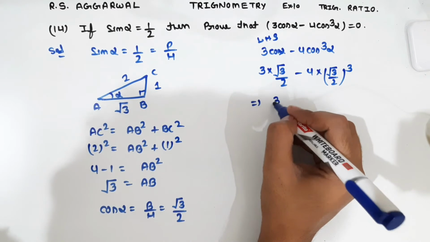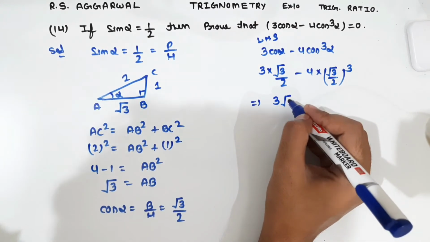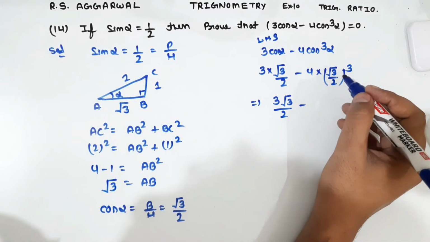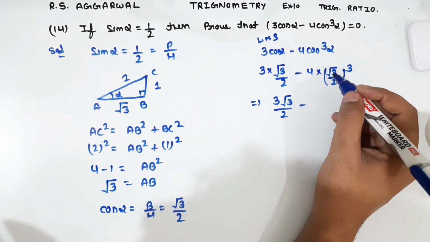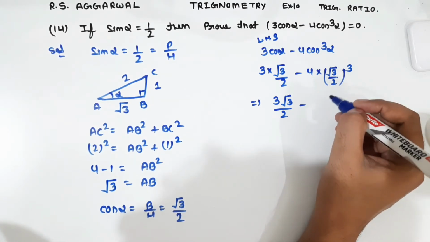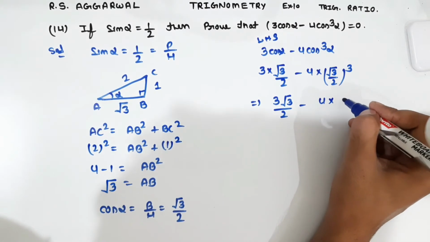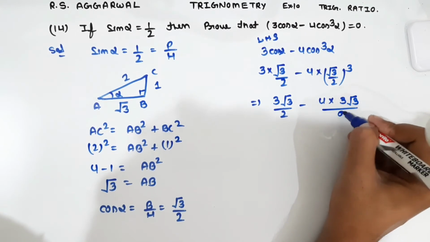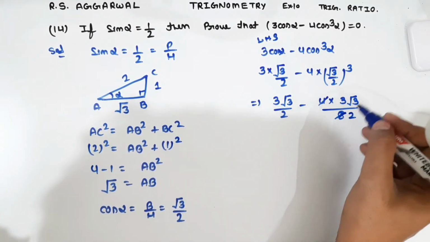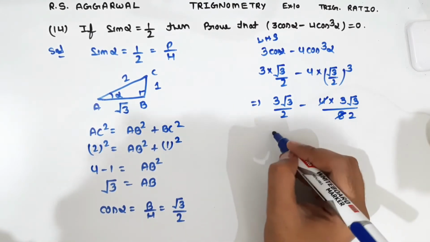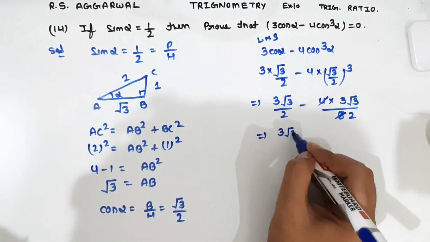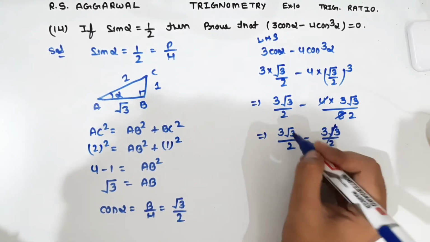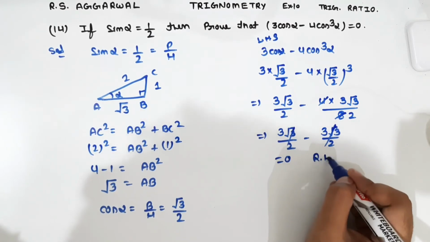So this will be equals to 3 root 3 upon 2 minus under root 3 cube will be written as 3 root 3 and 2 cube will be 8. So this will be deducted 2 times. So 3 root 3 upon 2 minus 3 root 3 upon 2. So that will be equals to 0. That is equals to RHS.